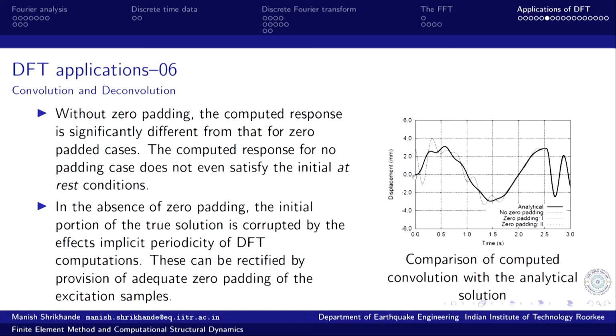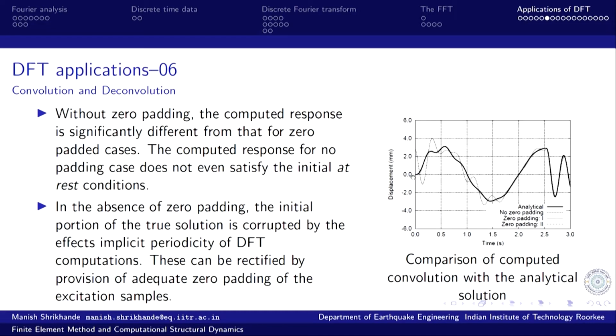And you can see that the dark solid line is the analytical response that we computed from the theoretical solution, and this dashed response is what we have without any 0 padding. So, to begin with, it is oscillating about the true solution, and gradually it merges with the true solution towards the end of the excitation.